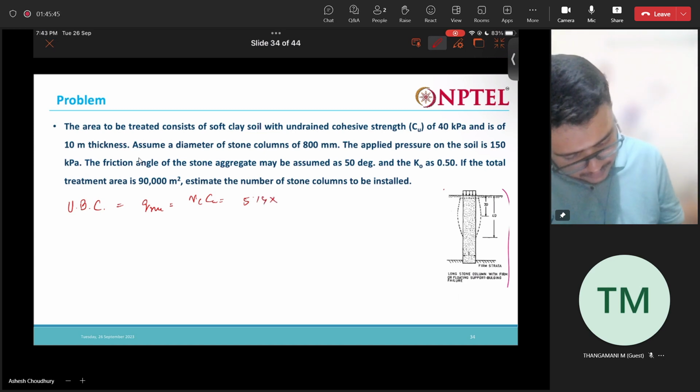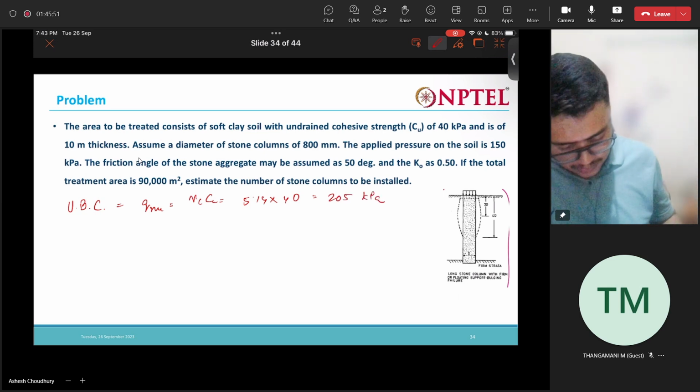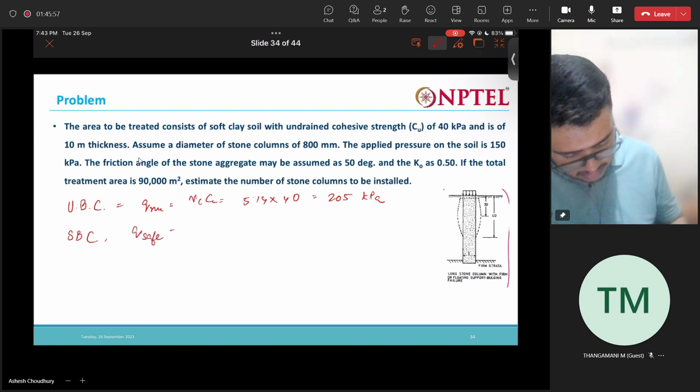What is c? 40 kPa. So what is the safe bearing capacity? So 85.